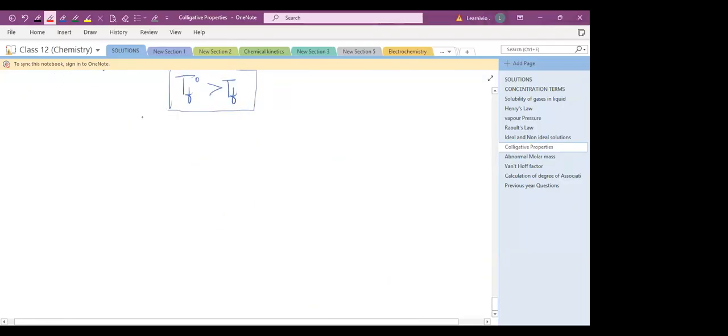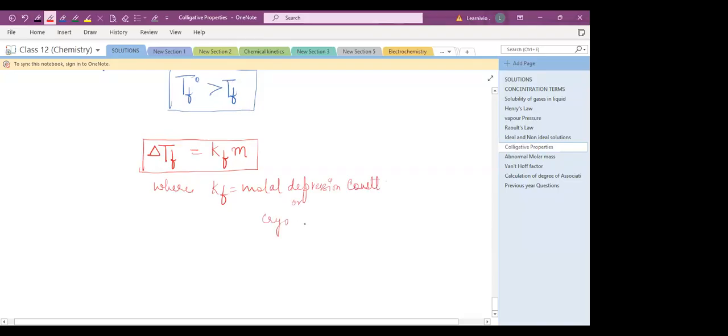So depression in freezing point is also given by delta TF equals KF into m. Very important formula. Now what is KF? KF is the molar depression constant, or sometimes it is also known as the cryoscopic constant.